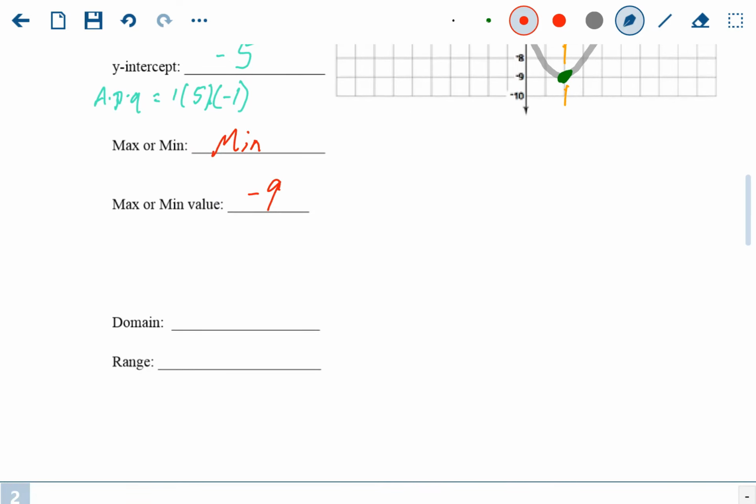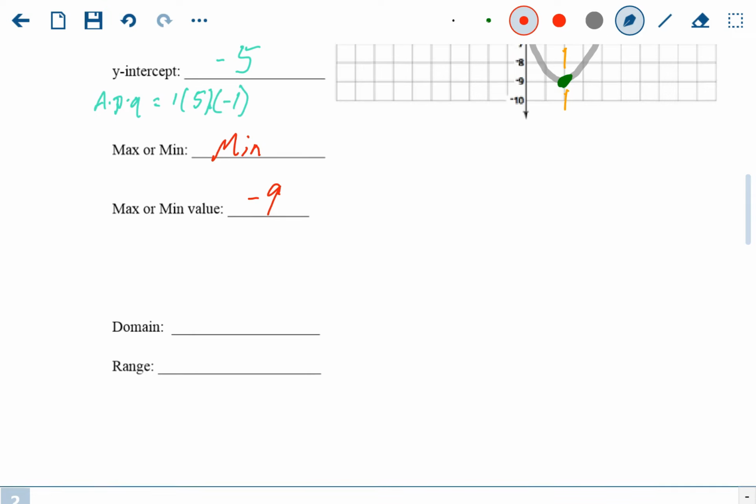The range tells us the possible y values for this function. If there are no values less than -9, all of our y values are going to be greater than or equal to -9. And finally, domain: all real numbers.